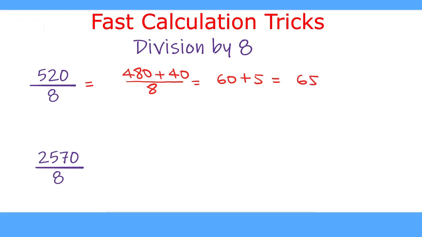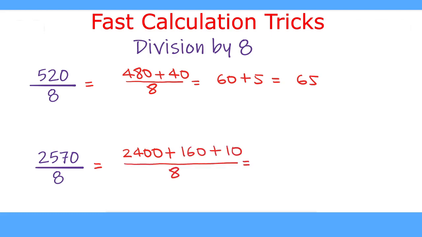Now we go to the next question. The next question is 2570 divided by 8. The nearest number which is divisible by 8 is 2400. Now after taking out 2400, we will be left with 170, and we know that 170 can be written as 160 plus 10.